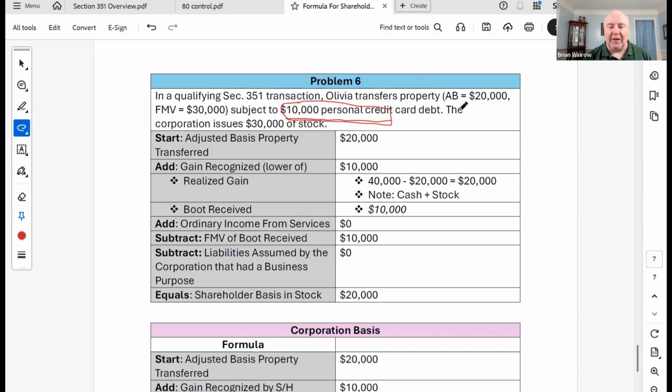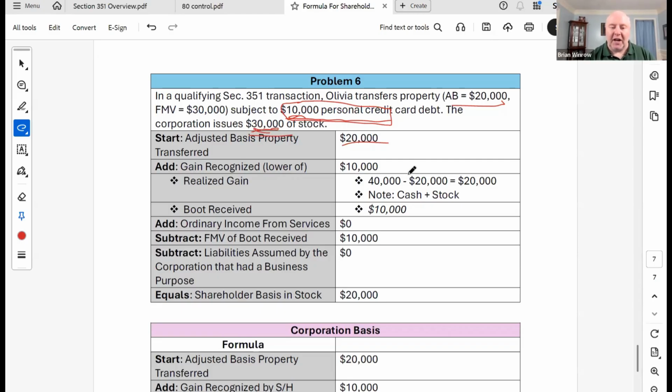So let's take a look at this. Our adjusted basis was 20,000, so we start out with 20,000. Then we're going to add our gain recognized, the lower of our realized gain or boot received. What do we have here? We have $30,000 of stock plus $10,000 of liabilities that we were relieved from.